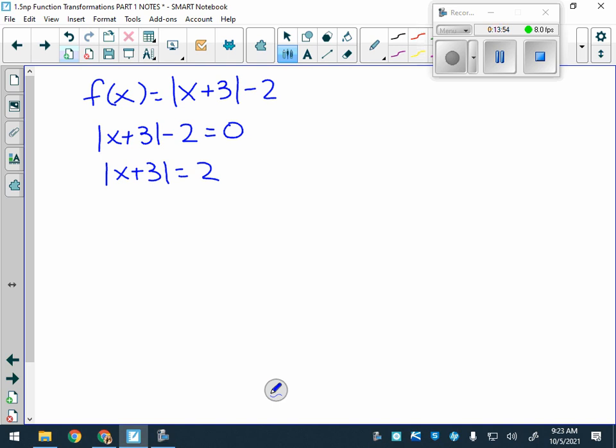So you have x plus 3 equals 2, and x plus 3 equals negative 2, because the definition of absolute value is the distance from 0. If you don't remember this, I highly suggest you write it down. You have to have 2 equations once you isolate the absolute value to find your x-intercepts.